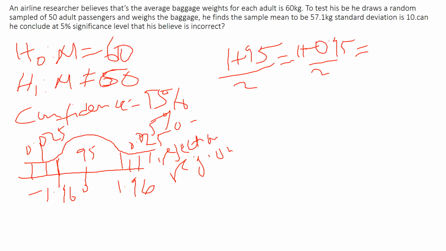we shall conclude that this is equivalent to 1.96. And remember, if we are to use the z-score table to get this, you'll realize that if this is our z on this curve, we shall have 1.9 here, and on top we shall have 0.06, and here our confidence level, that is 0.95.